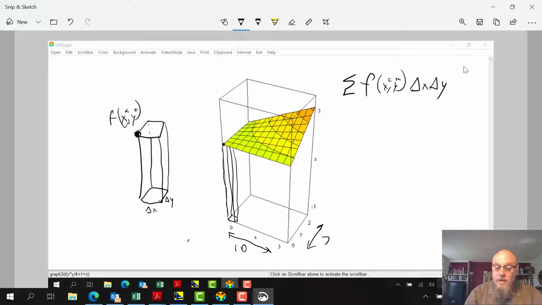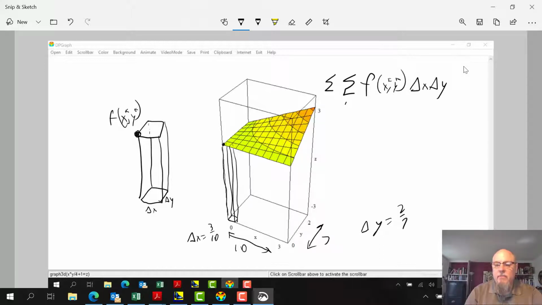So the way that we've written it, our delta x is 3 over 10, and our delta y is 2 over 7. The footprint here is delta x times delta y. The area of these rectangular footprints are all the same. And I've got the sum.